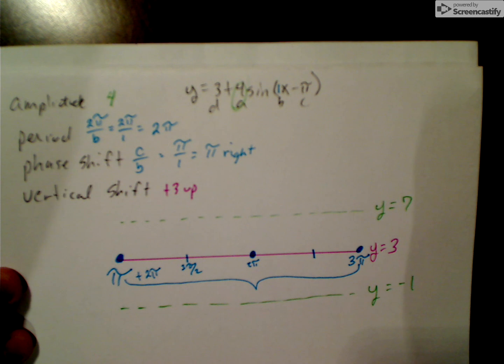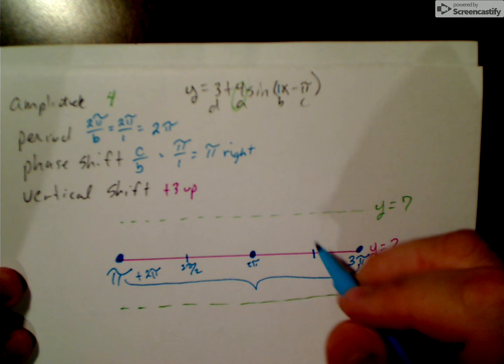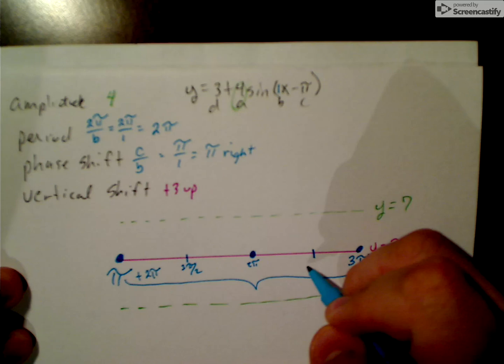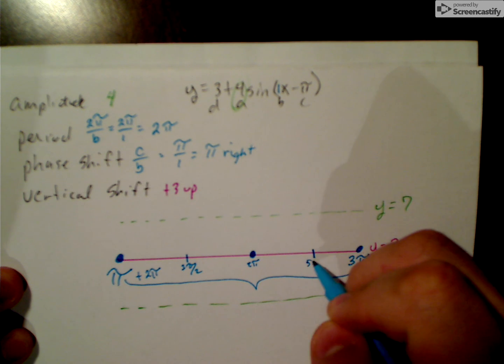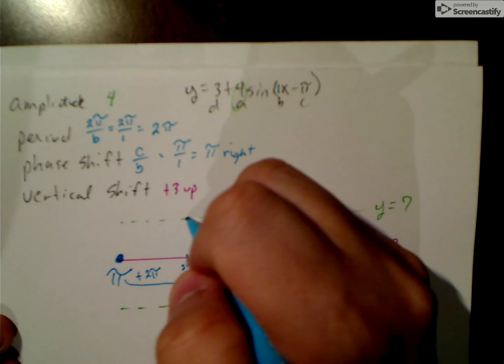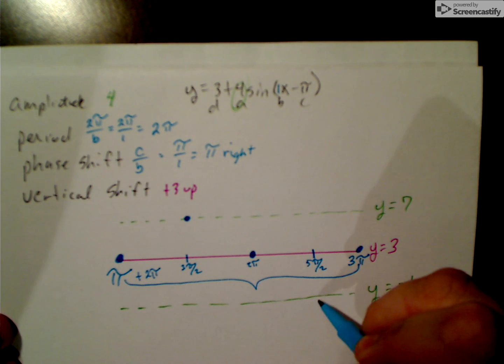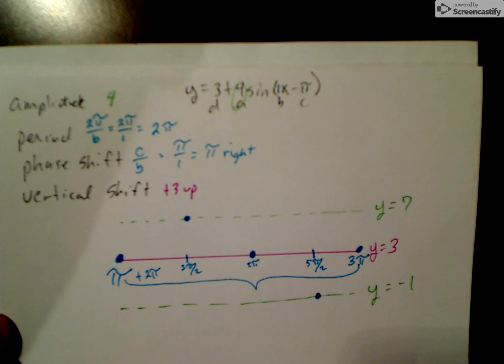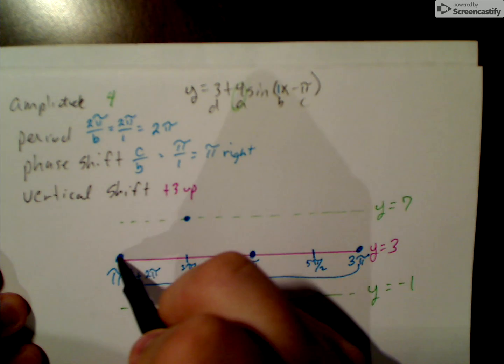Halfway between 2 and 3 is 2.5, which would be 5 pi over 2. That tells me I'm going to put a maximum point here and a minimum point here, because now I can just draw my graph.